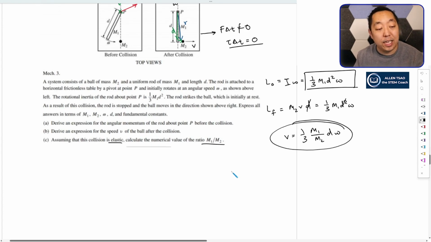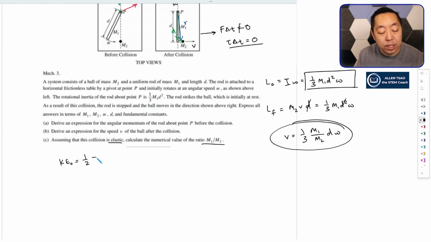Elastic means the kinetic energy before the collision equals the kinetic energy after the collision. The initial kinetic energy was 1/2 I omega squared. That's 1/2 times 1/3 m1 d squared times omega squared.